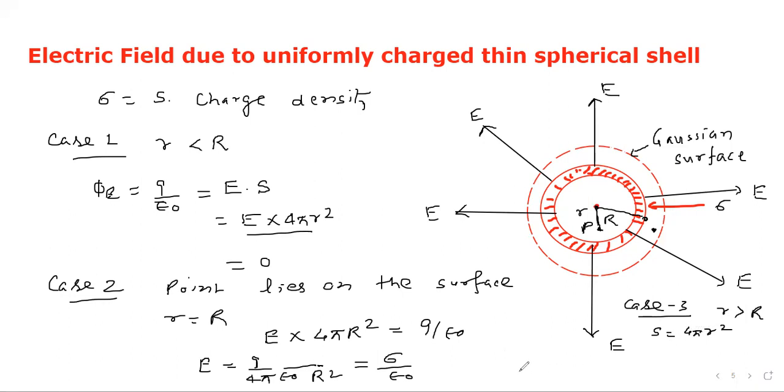And then we again apply the same formula, E times 4 pi small r square equal to Q upon epsilon naught, and we shift it towards the right. So E will be equal to Q upon 4 pi epsilon naught times r square.